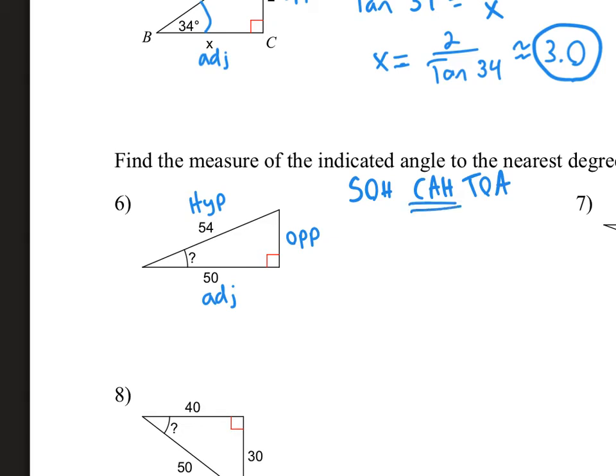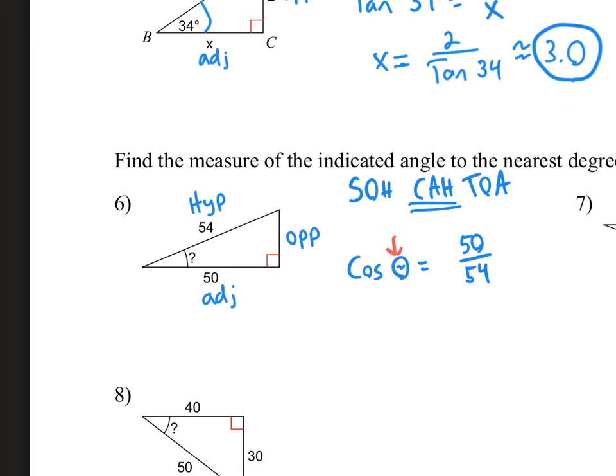So which one of these has adjacent and hypotenuse? That's cosine. So I'll say cosine, and I'll just leave it as a theta, even though they have a question mark. And it's adjacent over hypotenuse, so 50 over 54. Now, our variable is theta. So we need to move the word cosine over to the other side.